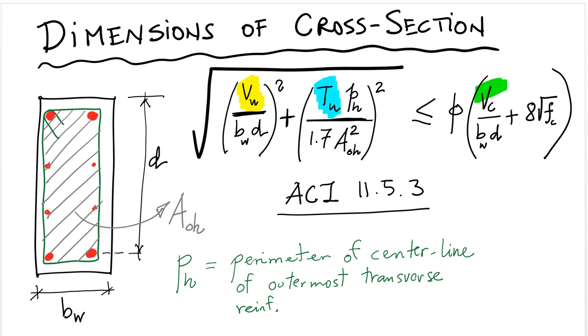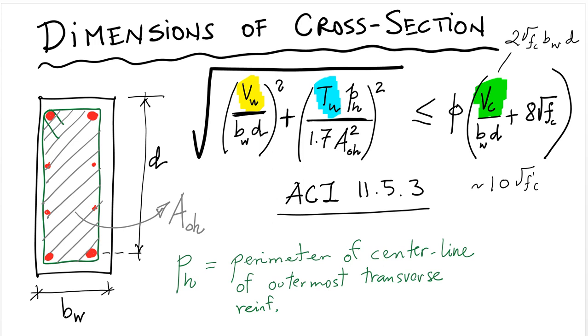As you may remember, this Vc is computed depending on whether the section is subjected to tension, compression, or moments combined with shear, and in most cases this is equal to 2 square root of f prime c bw d. So when you plug this in, this parentheses will most likely be around 10 square root of f prime c.